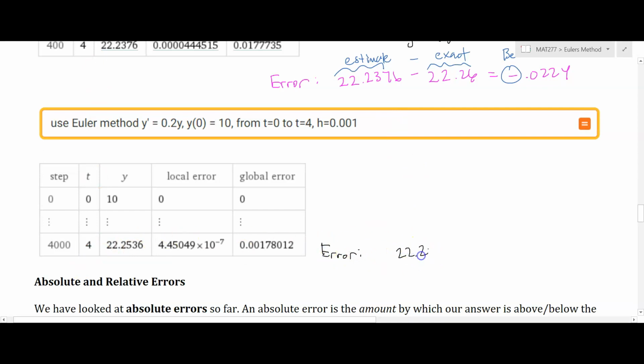I'll round this to 3 decimal places, 22.254 minus our exact, which is 22.26. 22.254 minus 22.26 is negative 0.006. So once again, notice that we did the estimate minus the exact, and notice that we're still below, but we're below by an even lesser amount than we were below by when we had a bigger step size.